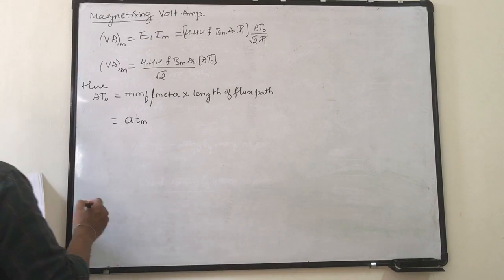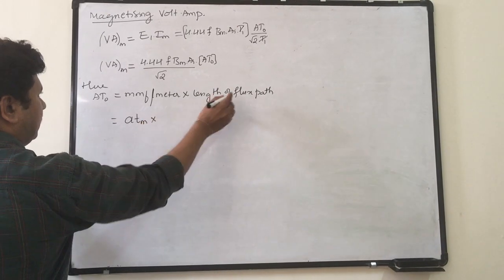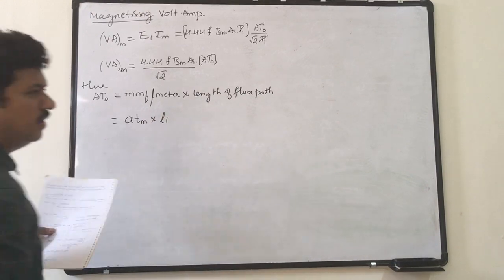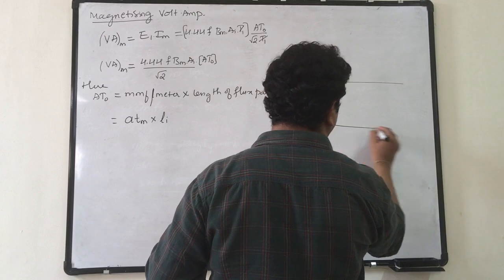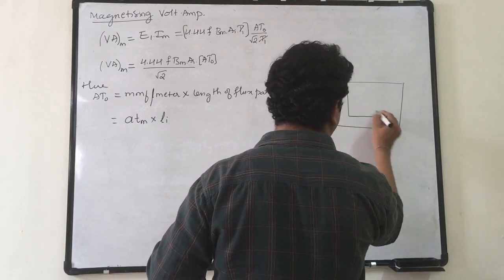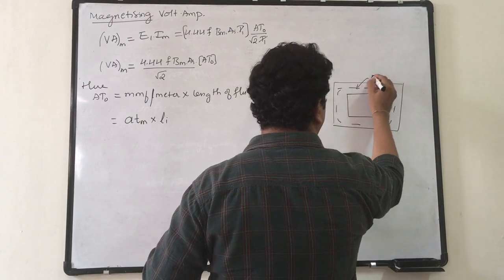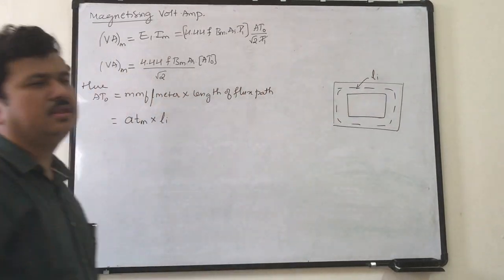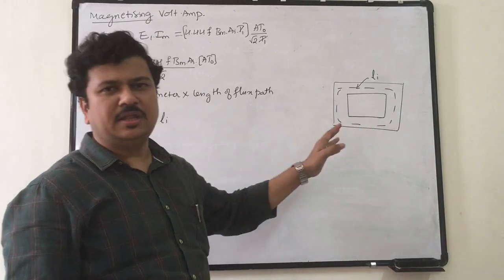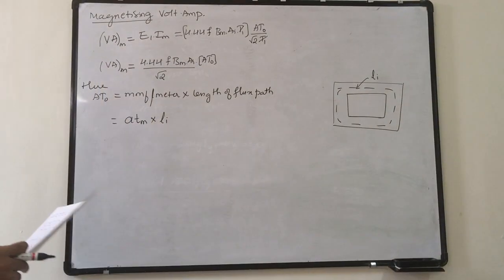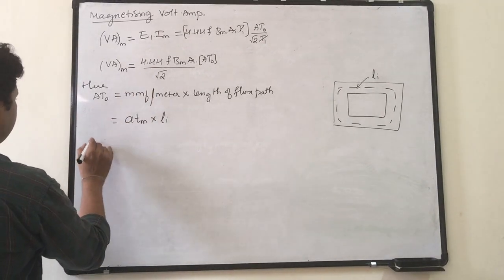Mmf per meter into length of flux path will be the mean length of iron, Li. So mmf per meter multiplied by the length, I will get total mmf. So AT0 is equal to ATm into Li.